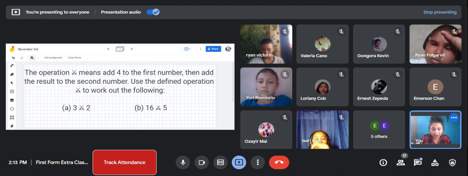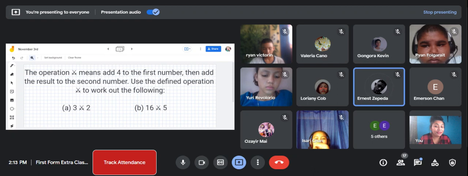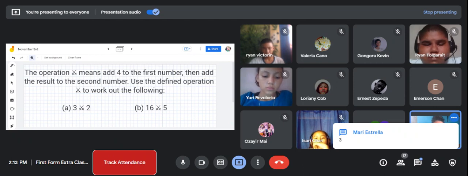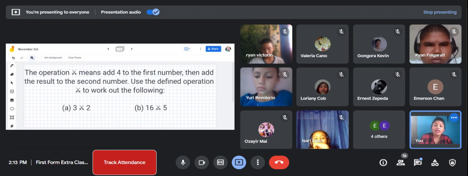If I look at the first question, 3, the little sword, and 2, which one is my first number? 3, Miss. 3. Very good. So then that means that 2 is my second number, right? Now, if we take a look at that question, it says add 4 to the first number.